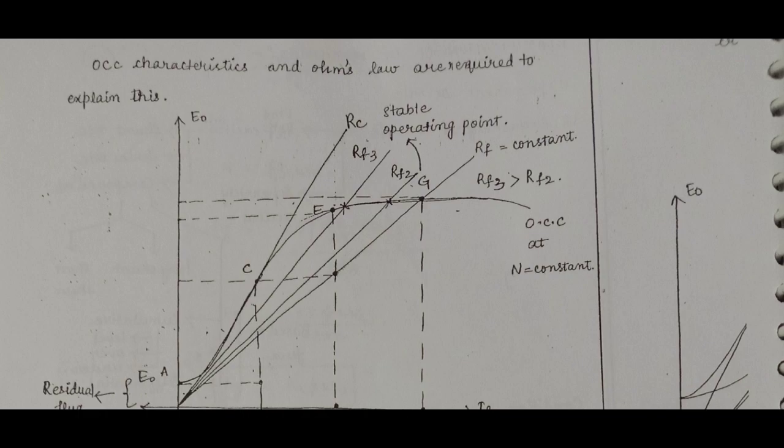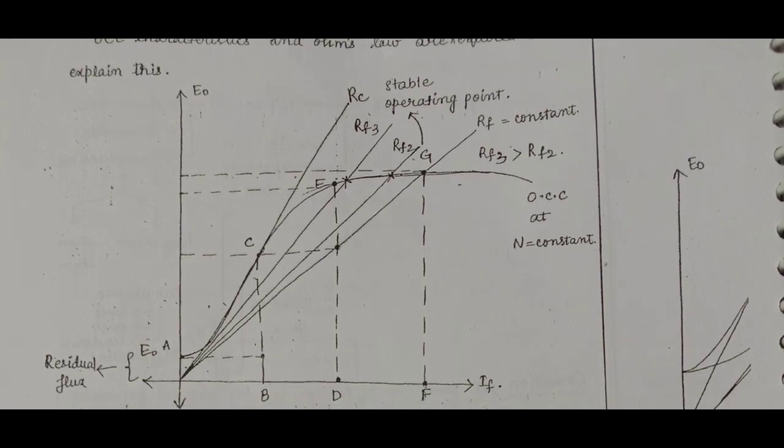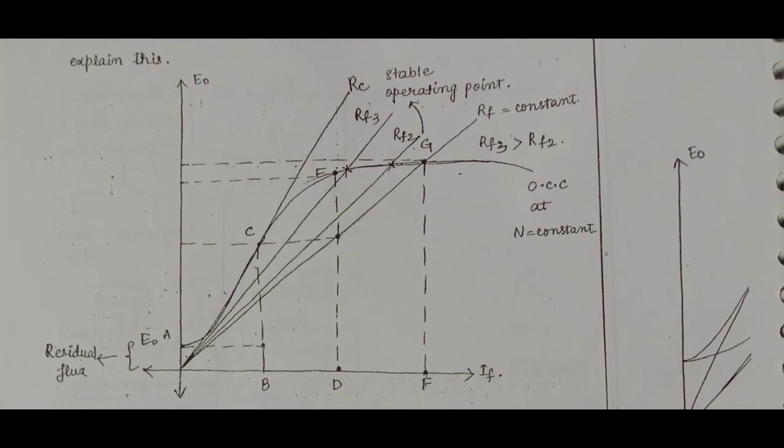at this point the RC line is tangent to the OCC. If the field resistance is increased above the RC value, that line will not touch the OCC curve. So the EMF generated by the generator is zero.